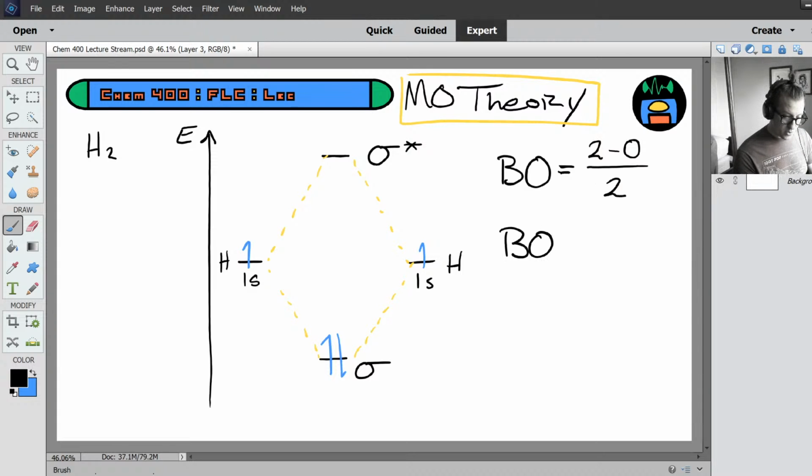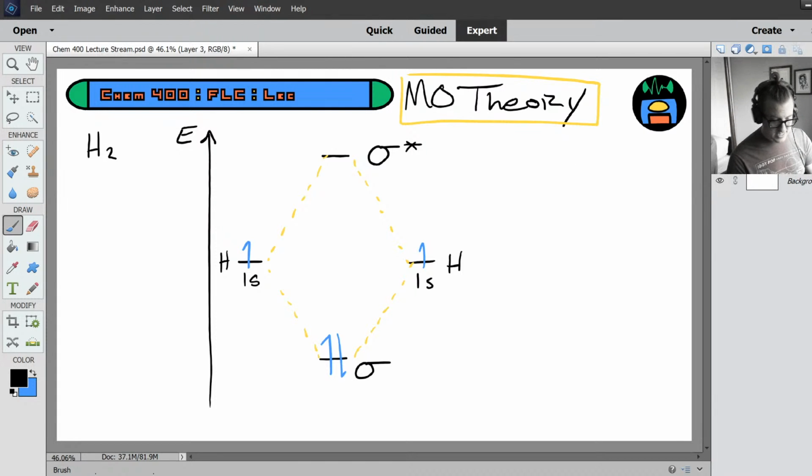So the molecule H2 has a bond order of 1, and that is consistent with the Lewis structure, right? We have a single bond between our two hydrogens. All of that we covered in Wednesday's lecture.